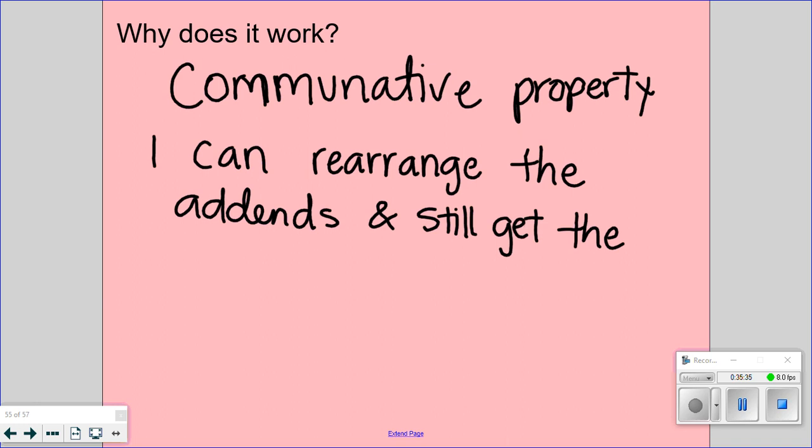And still get the same sum. Notice this is sum spelled S-U-M. That's the math version of sum. Another homophone. S-O-M-E. Like I have some. Right, that's our sight words.